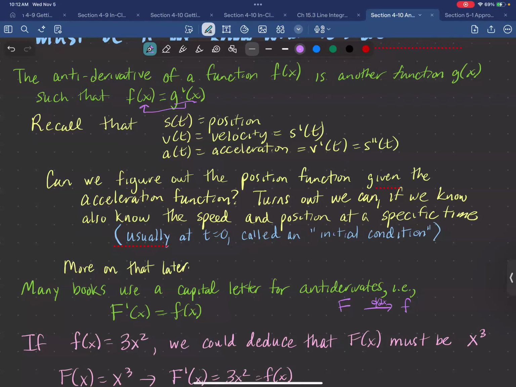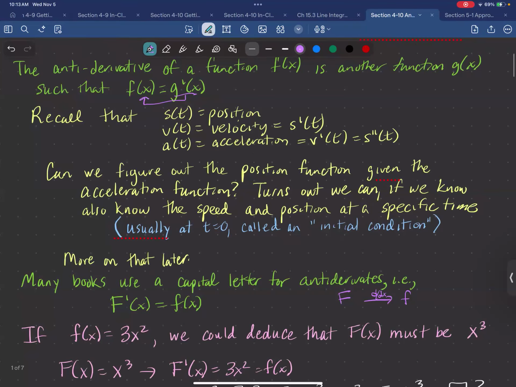So for example, let's say we know that the derivative is 3x squared. We could deduce, when we take the derivative of something with a polynomial term, the power goes down by 1. This comes down and this becomes n minus 1.